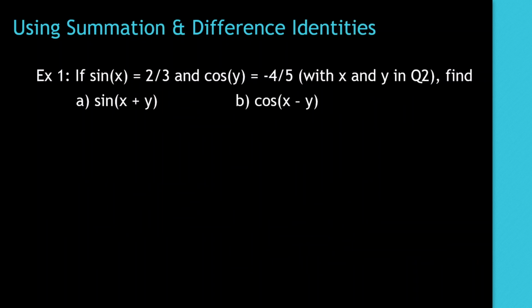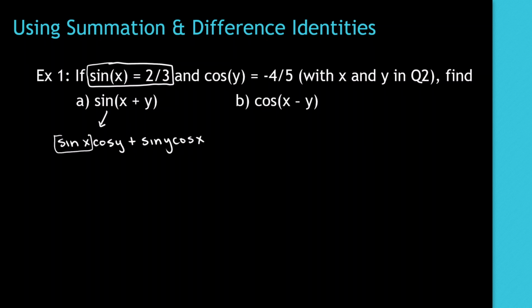All right, one more example here. If I take this sine function and I write it out, okay, now let's plug in the things that we know. Sine of x is 2/3. So this right here is going to become 2/3. Okay. Then we know that cosine of y is -4/5.